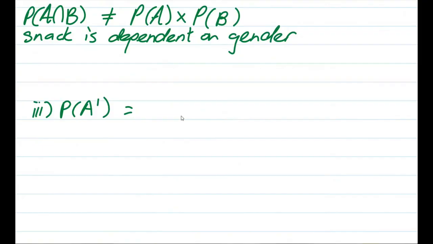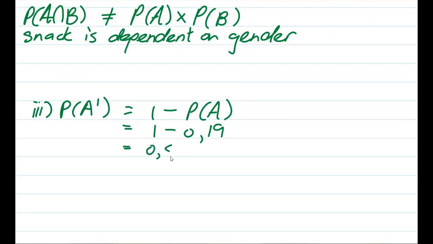The probability of not A is equal to what? It is equal to 1 minus the probability of A, which is 0.19. And what's 1 minus 0.19? It is 0.81.